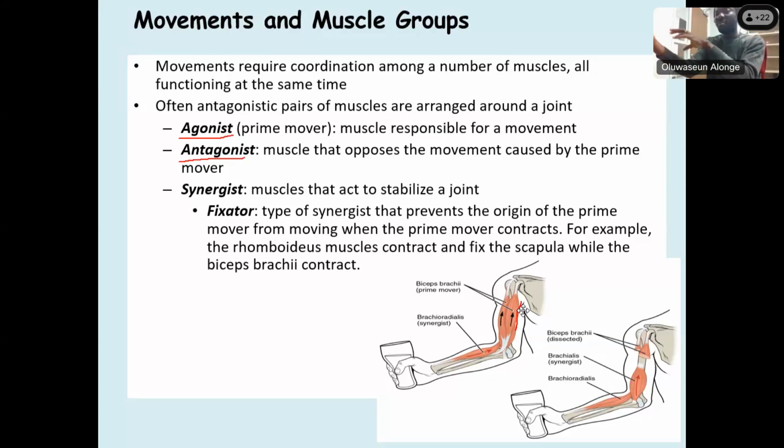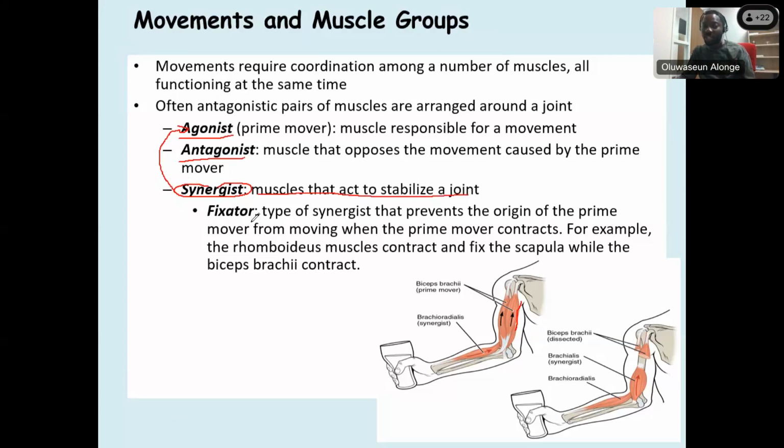All right. The muscle that is supporting the brachii is called the synergist, because it is helping the agonist. It stabilizes the joint, supporting the job of the agonist at that time, whereas the antagonist is antagonizing, opposing the agonist.